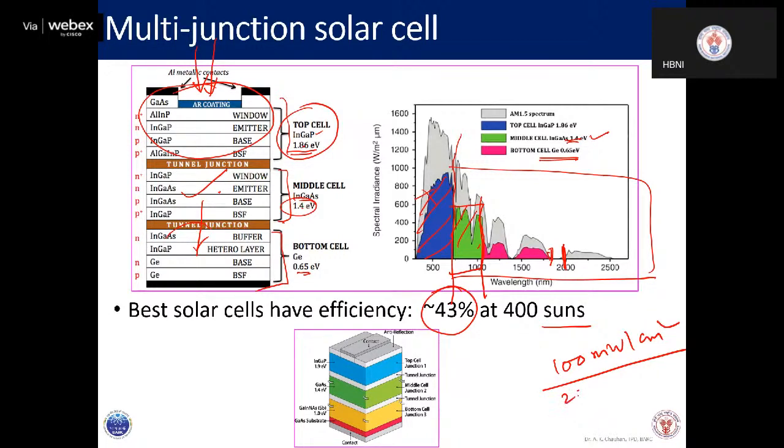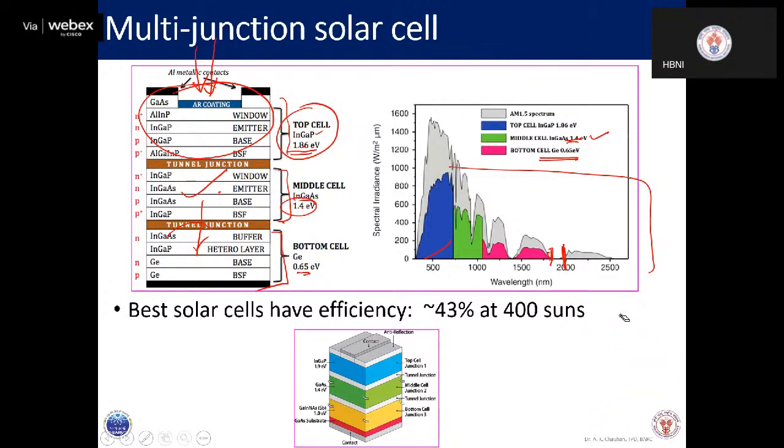If you have 200 milliwatt per centimeter square, we can say that you have concentrated two suns into that area. In the same way, if you concentrate the radiation 400 times into less area, the intensity is called 400 sun. So this 43% efficiency for the multi-junction solar cell is reported at 400 sun intensity.